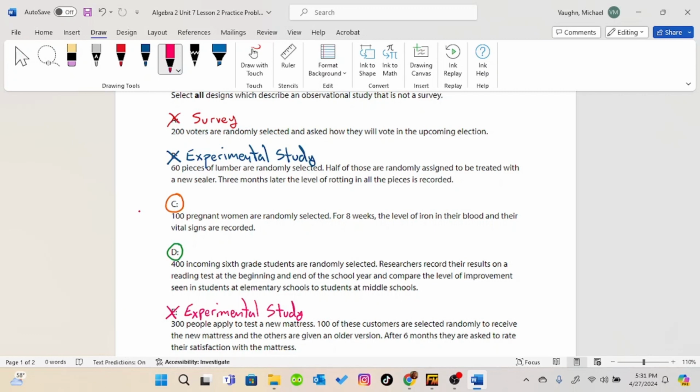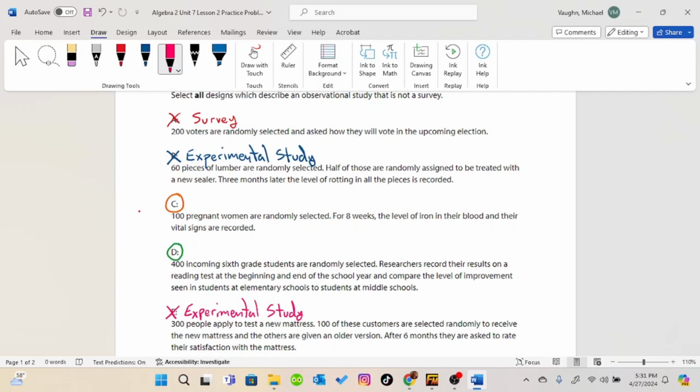These customers are being influenced because half of them are being given one mattress, the other half are being given a different mattress, and then the results are being taken 6 months later. That is an experimental study.